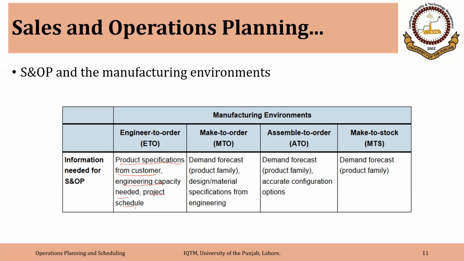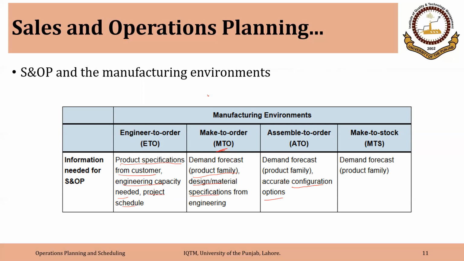Make to order focuses on demand forecast for the product families and design or material specifications that are required for that specific order. Then assemble to order also requires demand forecast and accurate configuration options. And make to stock focuses on demand forecast for the product families.